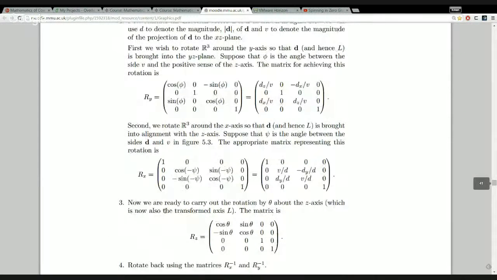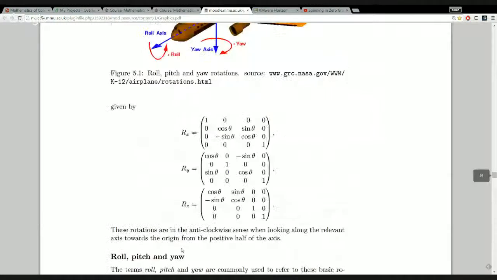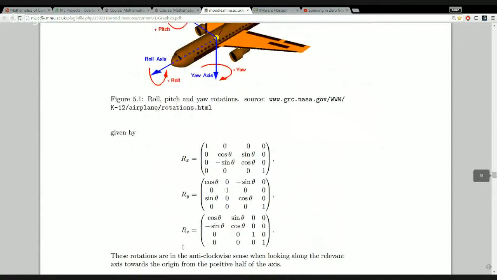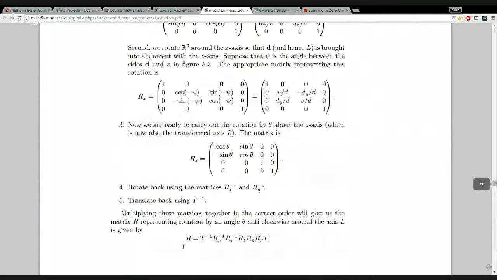For rz, we're using the angle theta, which was specified as part of the original problem, because the original problem said rotate space around the axis L by an angle theta. So there's the rz matrix. These rx, ry, and rz matrices follow the pattern specified out here. There they are.